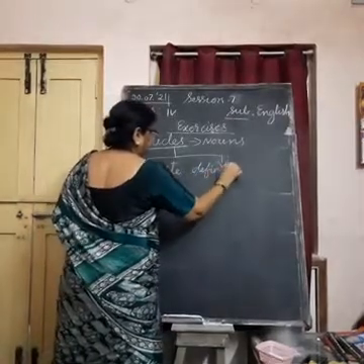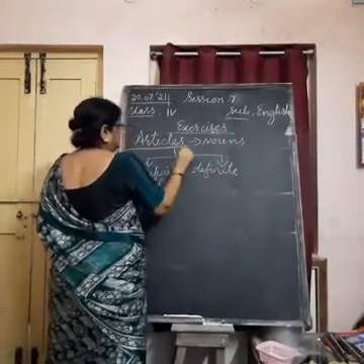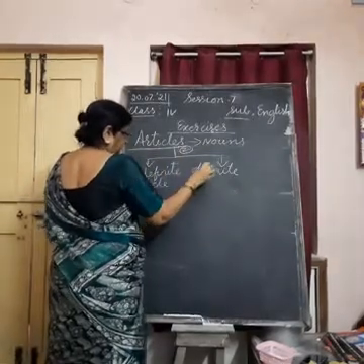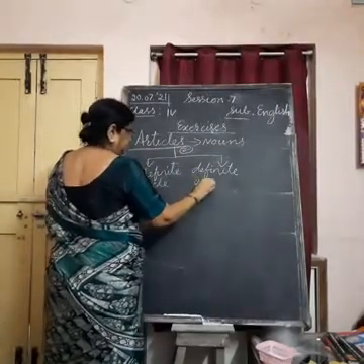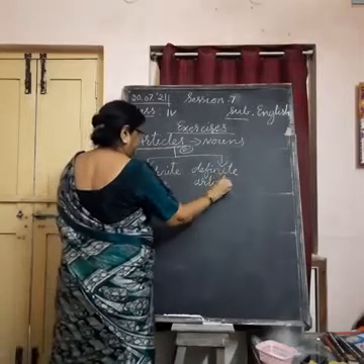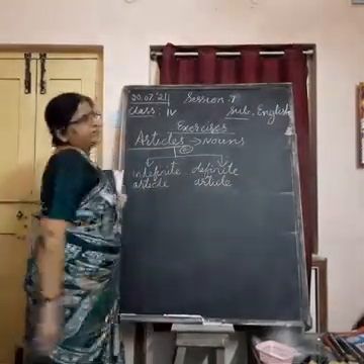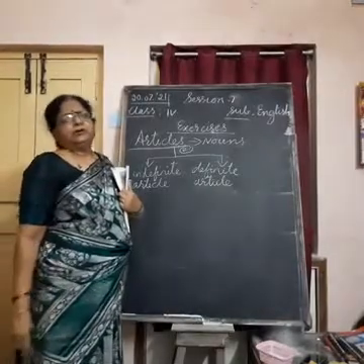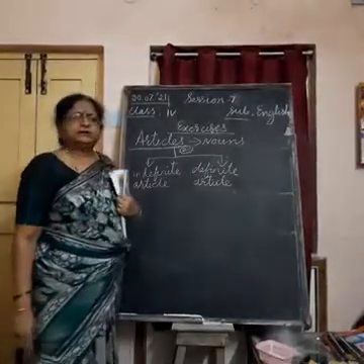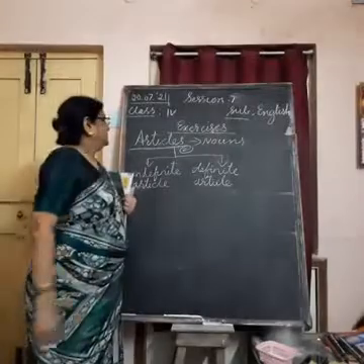We have two types of articles. First type is called definite article and second is called indefinite article. What are the articles here is the first point. Understand?